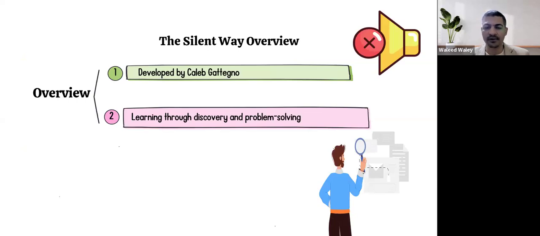And here we have the silent way. A quick hint to understand the silent way: if you're a teacher using this method, in general, you will be silent.